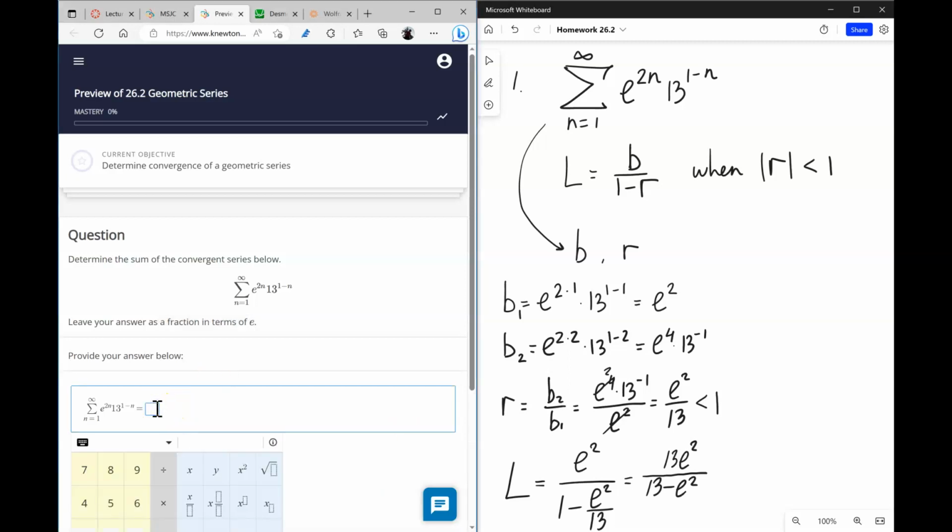Now, this answer will be the same regardless of how you found your b and r, but let me show you the alternative way to find b and r. Alternatively, we can look at this expression and recognize that it can be rewritten in the following way.